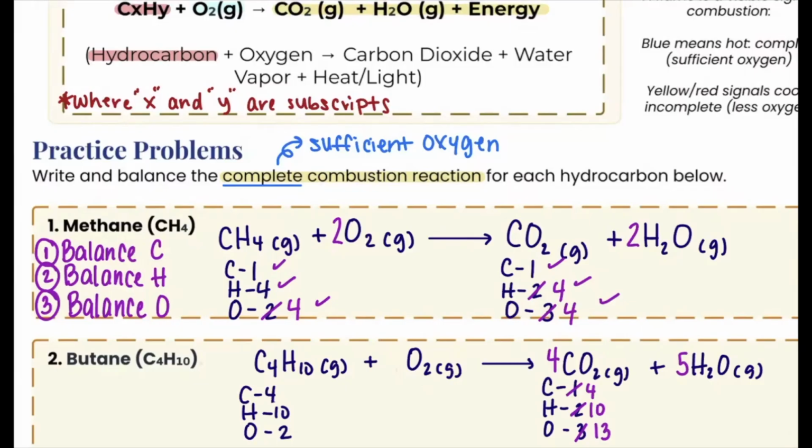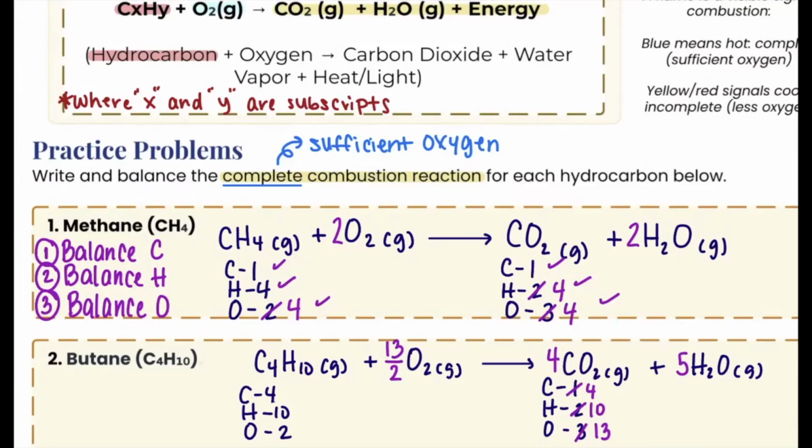It's a diatomic element. So what do we do? Well, hear me out. We can temporarily allow a fraction. To get 13 oxygens on the left side, we can write 13 over 2 in front of the O2. Yes, it looks super strange, but don't worry, we're fixing it next.